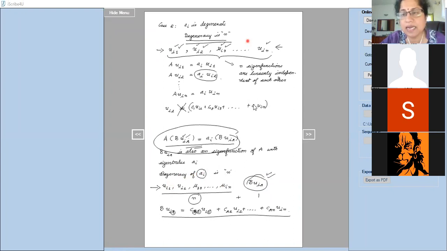Suppose now I say it is linearly independent, it's a new eigenfunction. Then what happens? There are already n of them, plus now there is 1. So the degeneracy will become n plus 1, which we know is not correct. We know degeneracy is n. Then what is our choice? Our only choice is that this BUIR, I must be able to write it as a combination of these guys. And that is what I have written here in the last statement.